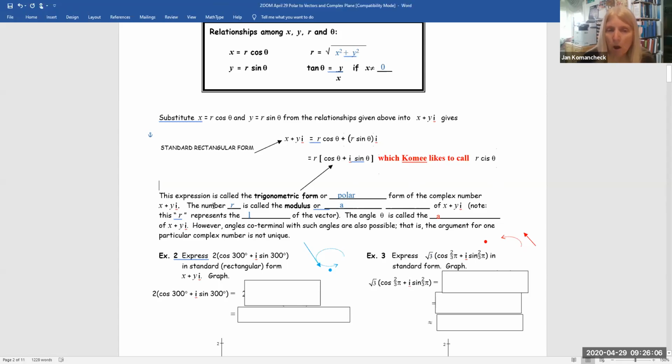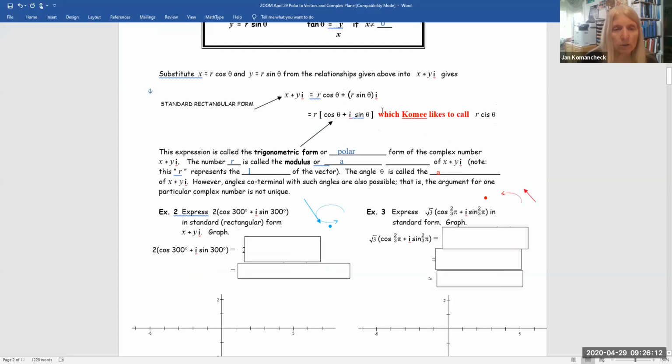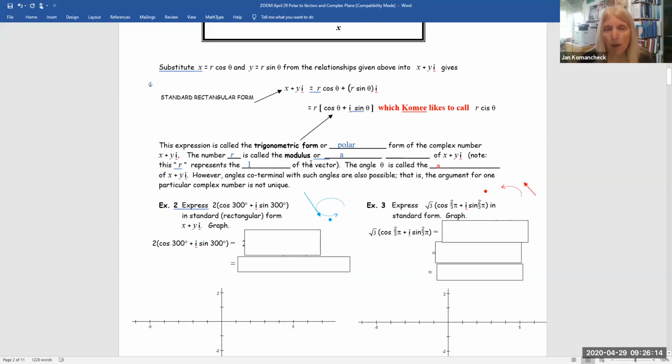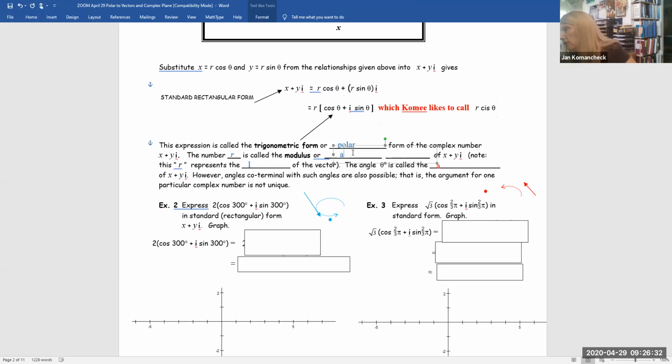The number r, the number in front, which is the hypotenuse of that lovely right triangle, is called the modulus, or, I just lost my thought.